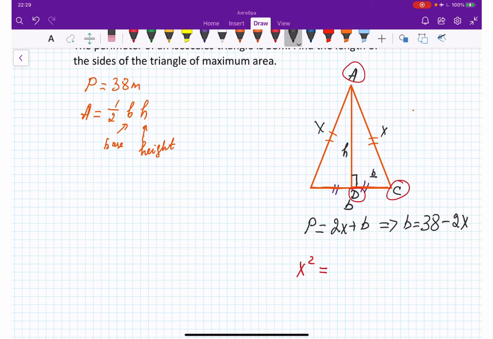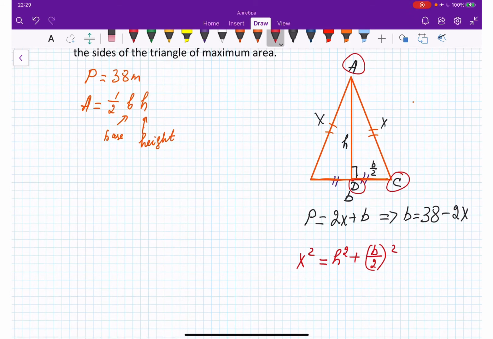So it's going to be x squared equals h squared plus b over 2 squared, okay?